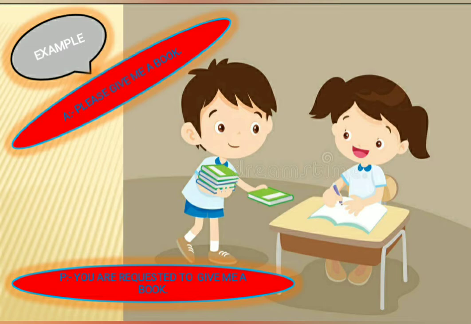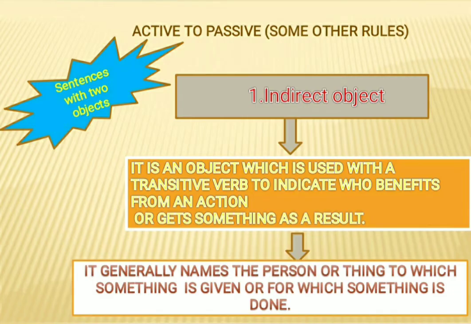Now let's see the sentence which is having two objects. Suppose in your active voice you get a sentence which is having two objects. Then the first object which is written just next to the verb will be called indirect object. And after that, the object which will be written will be called direct object. First, let's see what is indirect object.